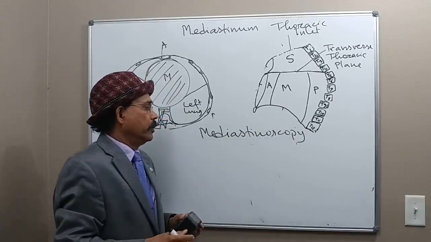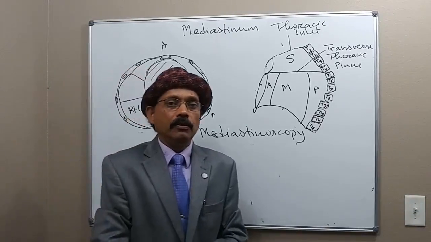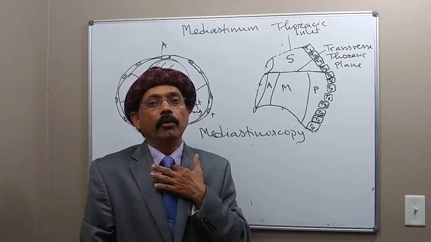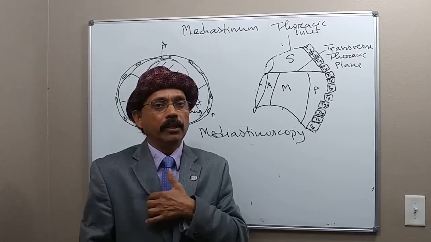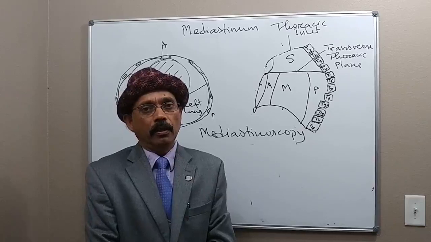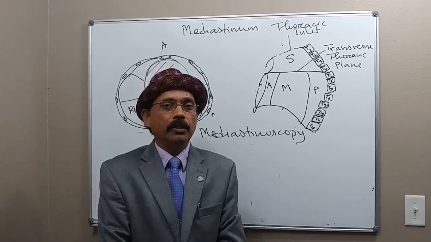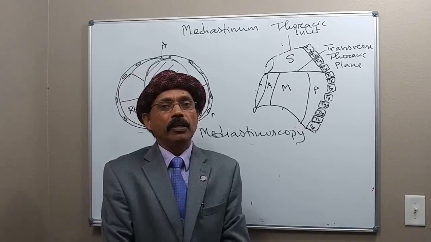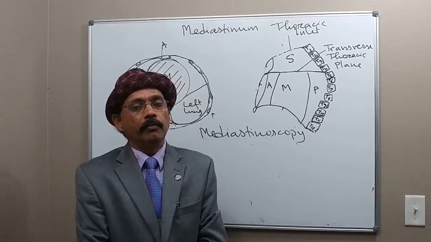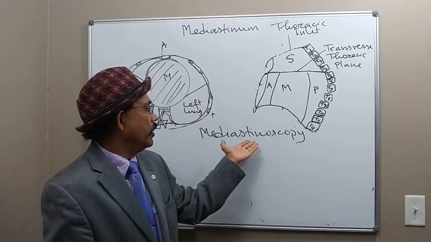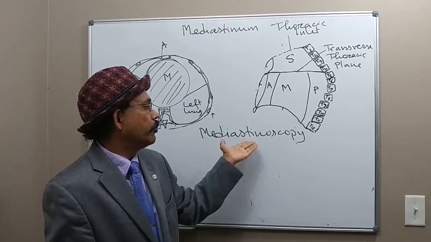A physician can go inside the mediastinum by endoscope, usually behind the jugular notch or between the ribs, and can find out lymph node enlargement, especially the mediastinal lymph nodes, or anything wrong in the bifurcation of the trachea. So that may be identified by mediastinoscopy.